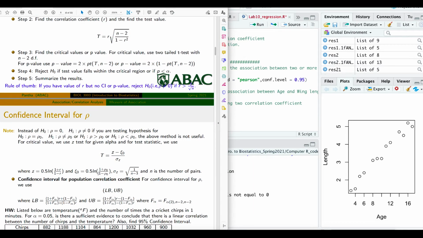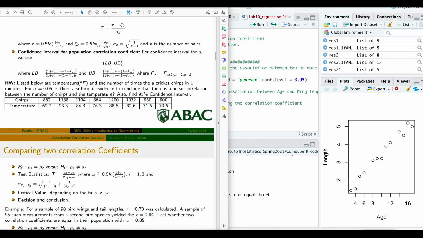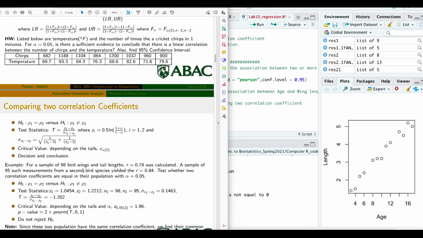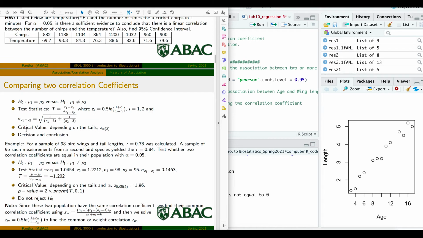So how do we find out? Let's see. This one is about comparing two correlation coefficients. How do I compare the two correlation coefficients? These are the steps. Number 1, H0 is rho 1 equals rho 2 versus rho 1 not equal to rho 2.